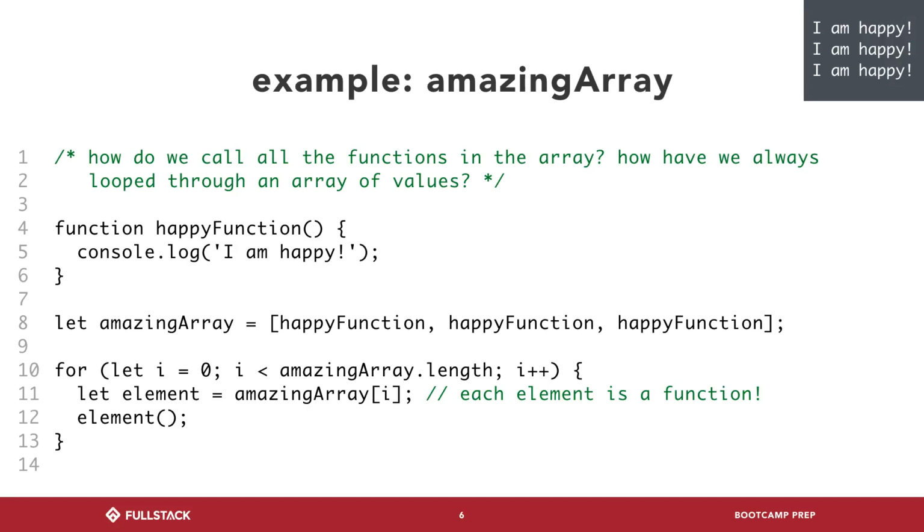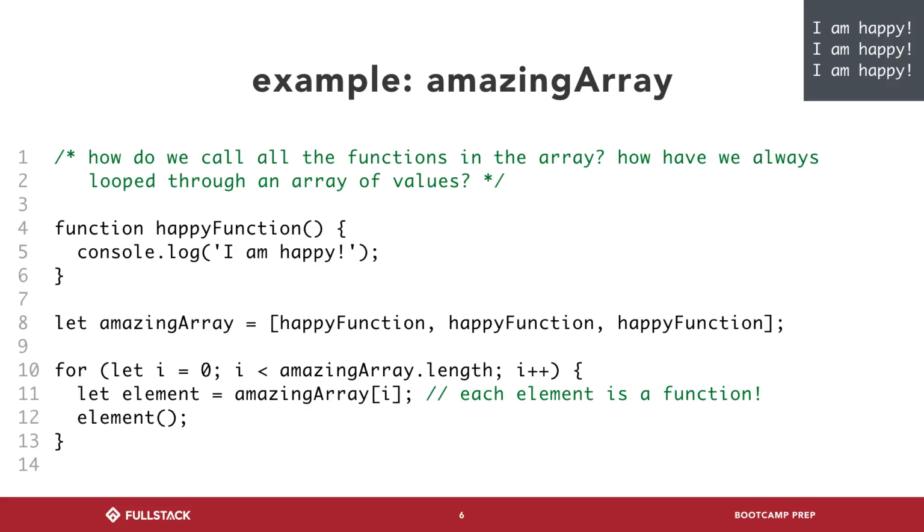On line 11 we extract out each individual function, and on line 12, notice now we're actually running it. Even though element is a different name than happy function, element on line 11 is equal to amazing array index i. And because functions are complex, or rather non-primitive, data types, this is the reference to the original function. These are not copies of the other function.